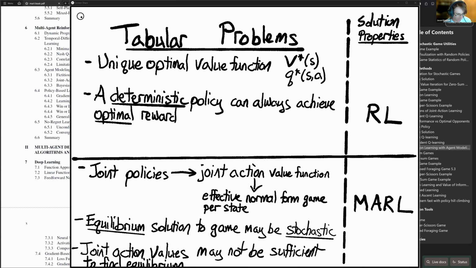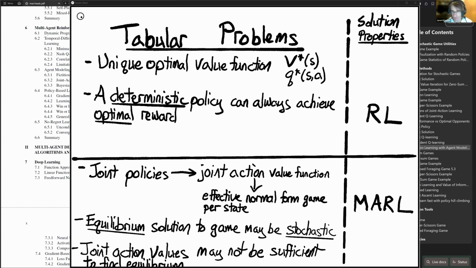Once we have this normal form game, we can look at techniques from game theory to calculate the equilibrium solution for that game. Once we have a normal form game, there in theory is one or more Nash equilibria for that game. And because we have a normal form game in every state, we'll have a different equilibrium solution for all of the states.